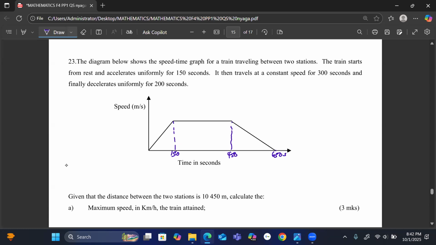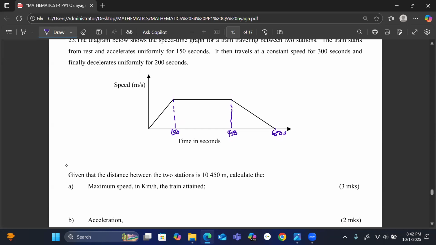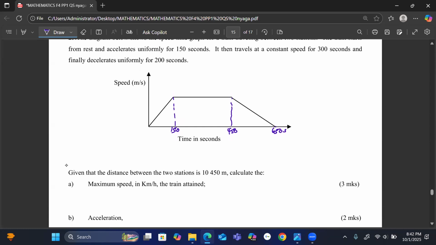This is the total time taken. Any other information given? No. Given that the distance between the two stations is 10,450 meters, calculate the maximum speed in kilometers per hour.